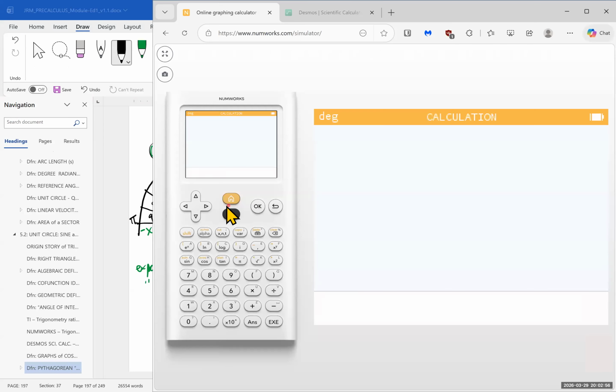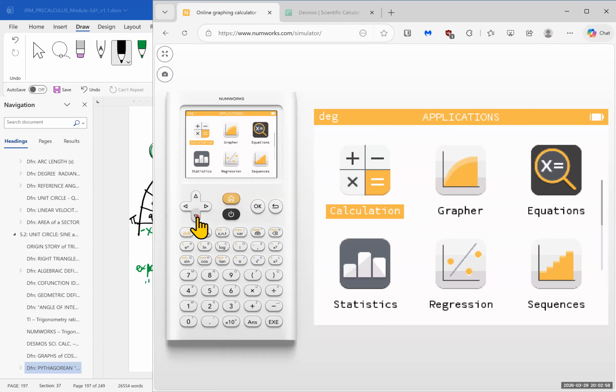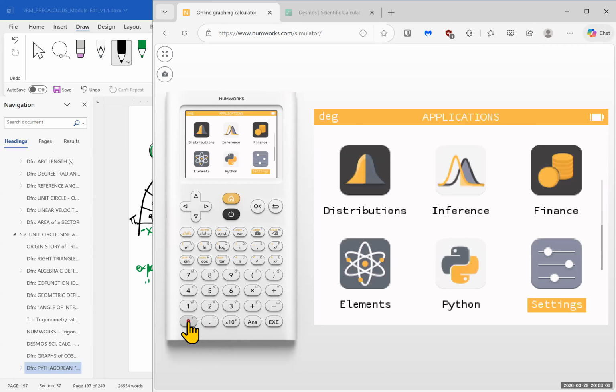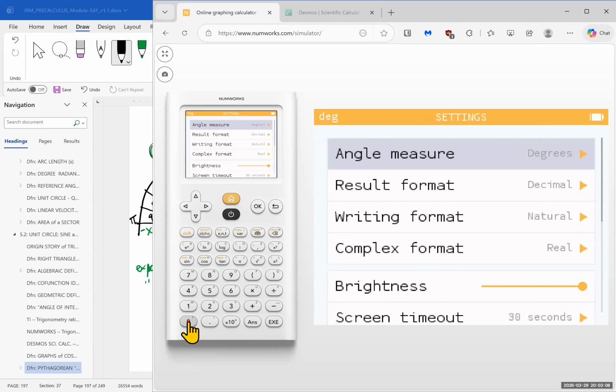All right, first of all, let's make sure that this is in radian mode. To get down to settings, when you're in this menu screen, you can hit 0 and 0 again. That's a good shortcut to get right into your settings. And so you can see we're in degree mode. I should have noticed up here in the left-hand corner, it says degree mode.